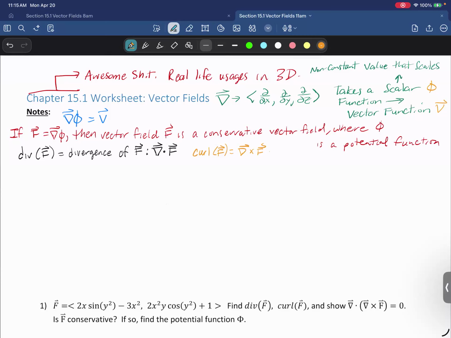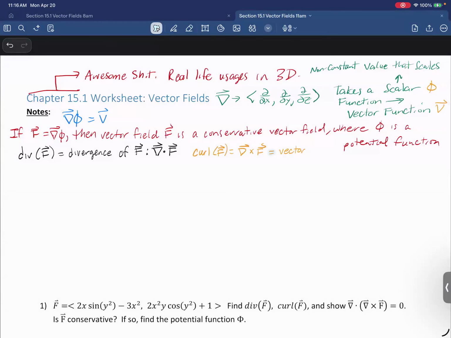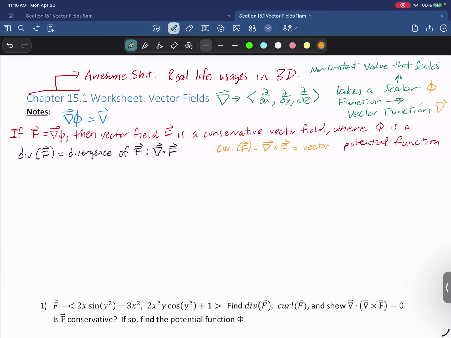Notice this produces another vector. And divergence produces a scalar.